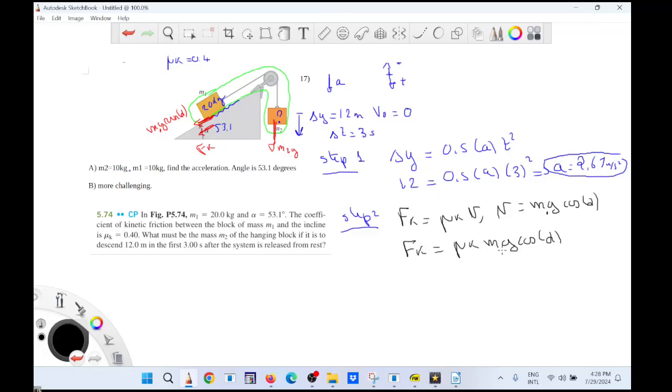You don't have to do it algebraically. You can go straight to the numbers and plug in here. I just show you the idea.